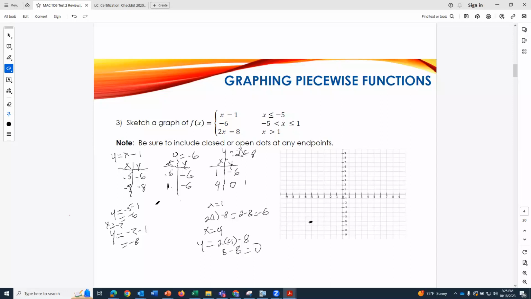And the next point was -7, -8. That means we move 2 here and we go to -8. Okay. And that should be my line.